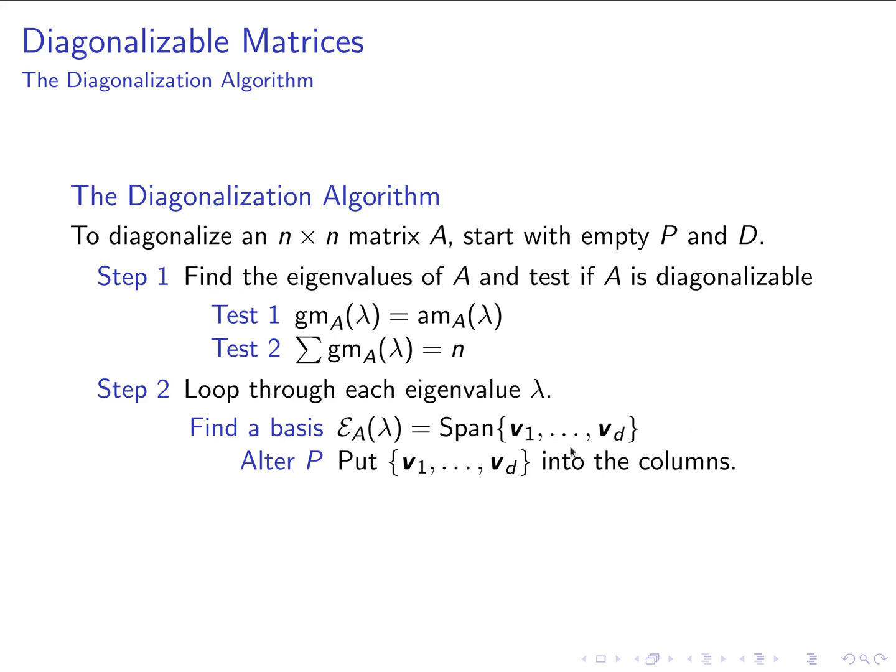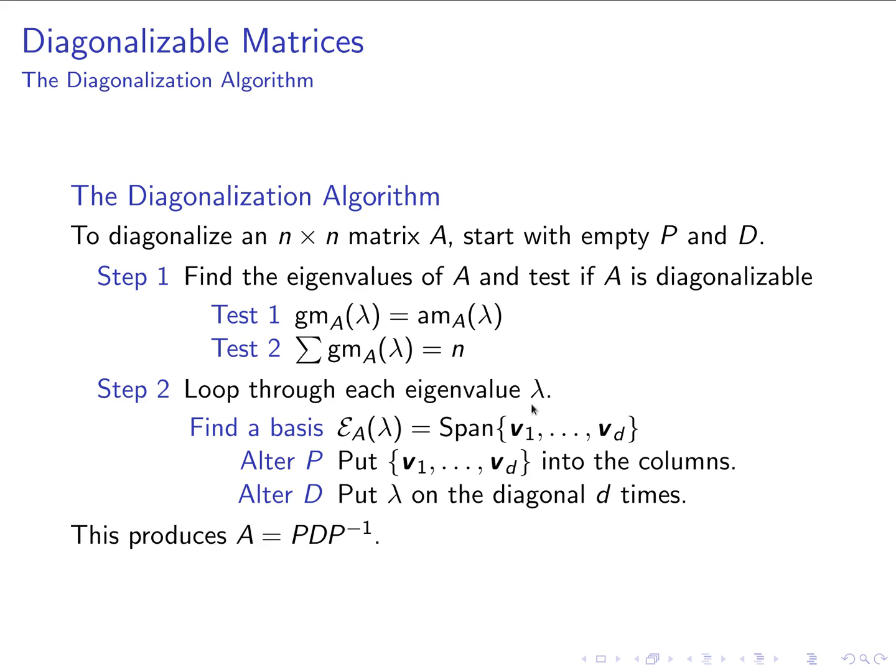Well, the next thing we do is we insert those basis vectors into the next available columns of our matrix P, and then we insert the eigenvalue lambda on the diagonal of the matrix D, exactly d times, where little d is the dimension of our eigenspace.